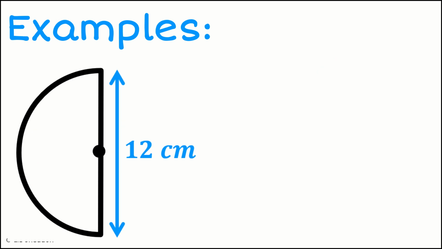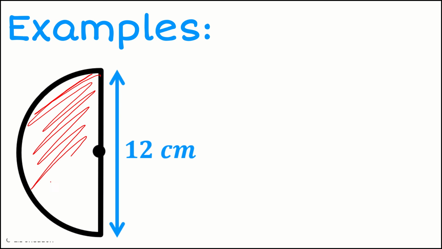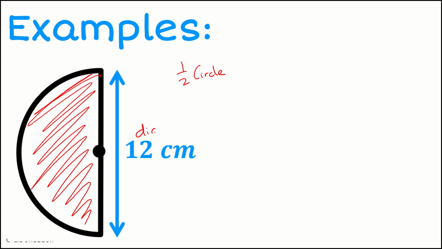Our last example is this one. Again, the area of the circle that we're trying to find here is half of a circle. So I need to look at the measurement I've been given, which is the 12 centimetres, and that is my diameter. If the diameter is 12 centimetres, then my radius is half of that, which is 6 centimetres.